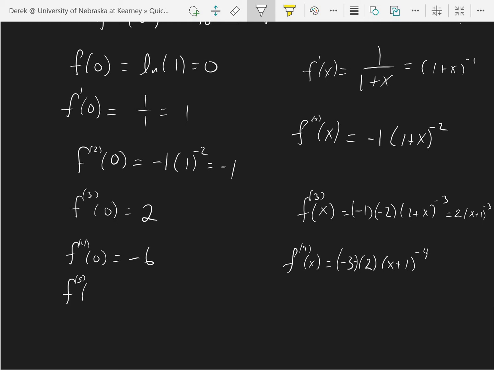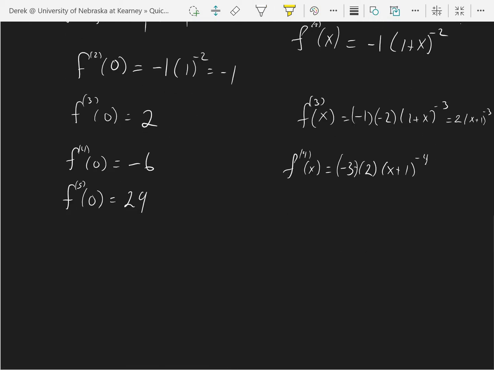The fifth would be positive 24. And it looks like the nth derivative at 0 is going to be negative 1 to the n plus 1 times n minus 1 factorial.